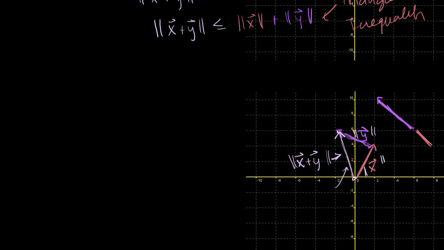This is vector x. This is vector y. Now x plus y will just be this whole vector. And this is the case where the triangle inequality turns into an equality. That's why that little equal sign is there. The extreme case is where essentially x and y are collinear.